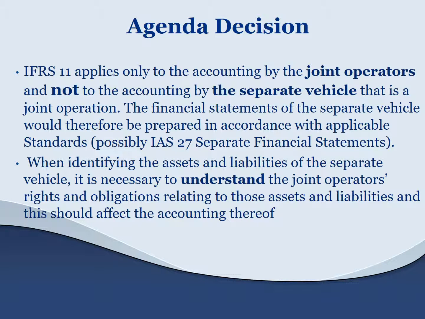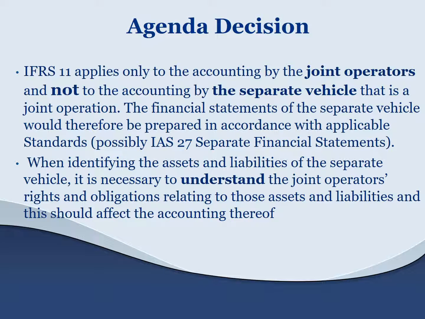So in this scenario, you would have to apply your judgment to determine which is the applicable standard to apply for the preparation of the financial statements of that separate vehicle. However, in doing so, and in determining which assets and liabilities will appear on the separate vehicle, it is necessary to understand the joint operator's rights and obligations relating to those assets and liabilities, because it would be technically unsound for the same asset to appear both on the accounts of the joint operators as well as the accounts of the joint operation itself.